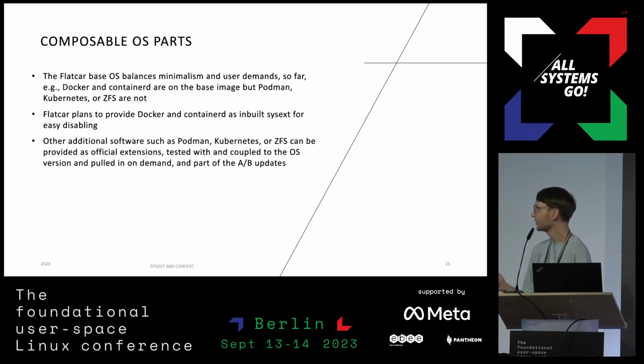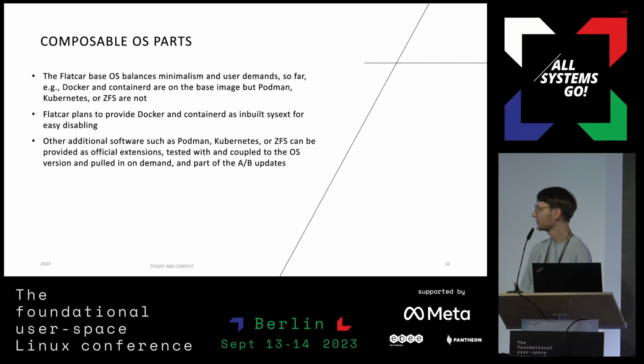So that's why we now plan to provide Docker and Containerd as an inbuilt sysext image, like it resides pre-shipped in our generic OS image. What we gain from that is that you can easily disable it. So all binaries will disappear when you disable this extension.